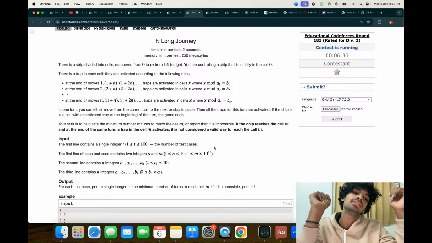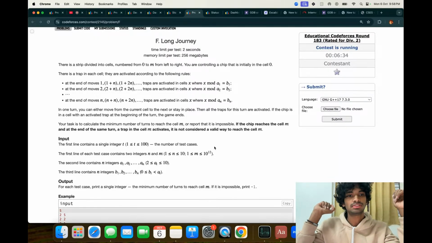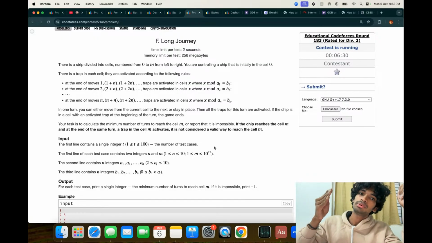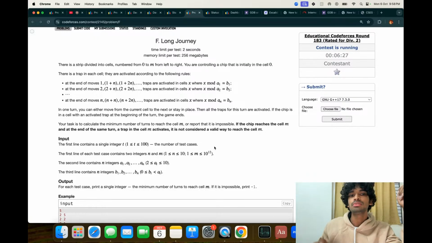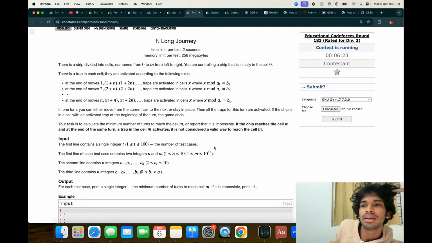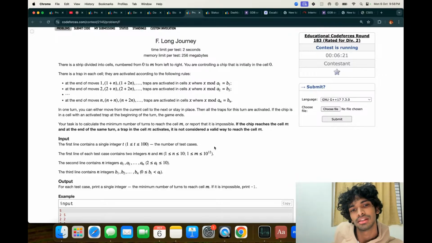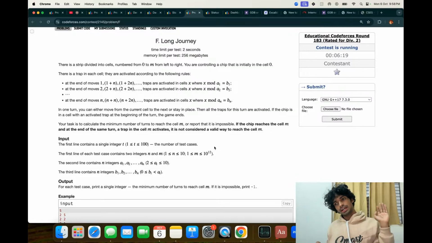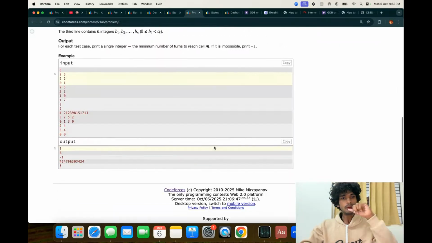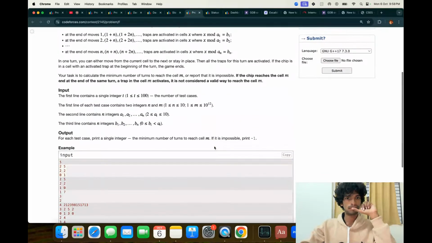For each cell, what happens? Trap, active, maybe trap, maybe active. That's what happens to each cell. Now, if you see that this pattern continues, it may be impossible, right?